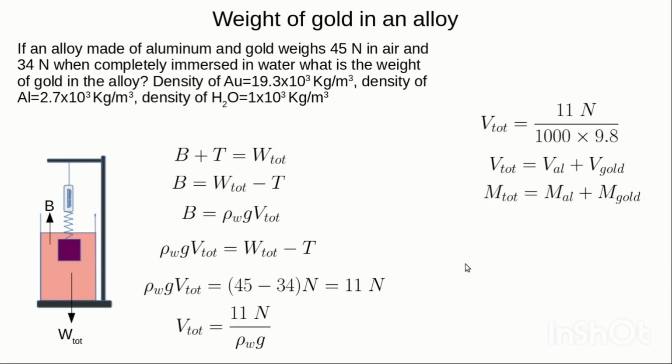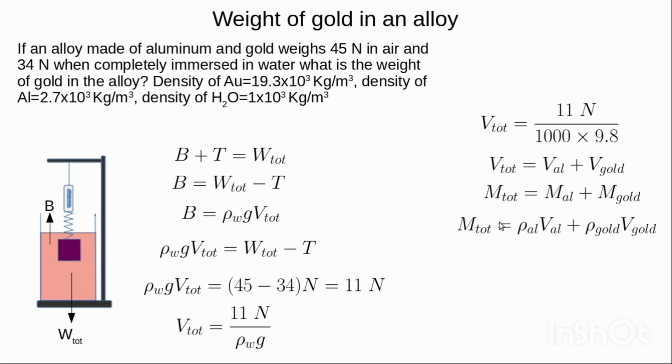Let's stick with this equation and replace the masses with density times volume. So we have mass total equal to the density of aluminum times the volume of aluminum plus density of gold times volume of gold.